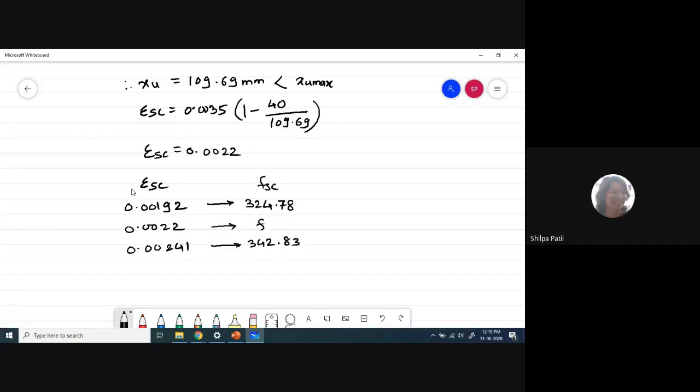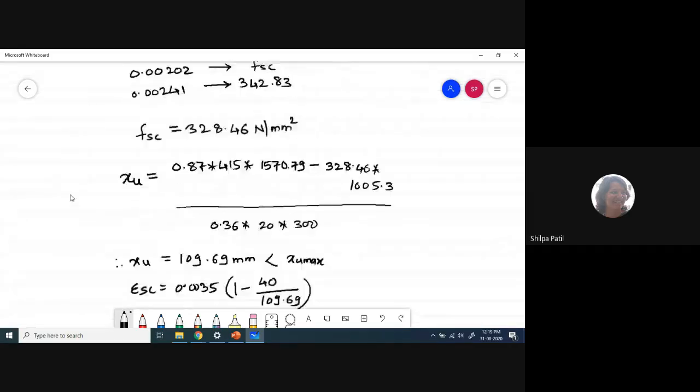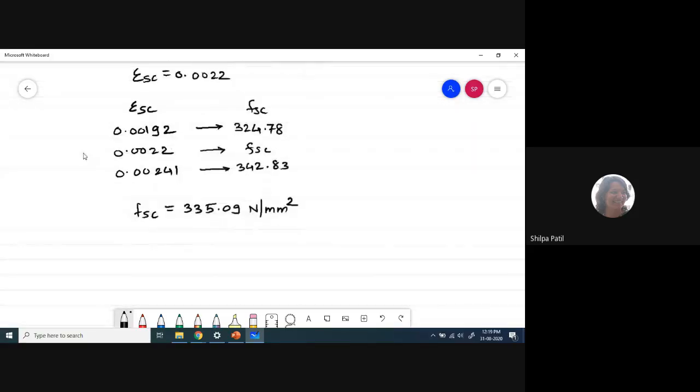Again, I will find out the FSC here. After calculation, I am getting FSC. I will write down the value directly here. It is coming as 335.09 Newton per mm square. Okay. So if I go back to the earlier FSC value, it is again different. 328 and this one I am getting as 335.